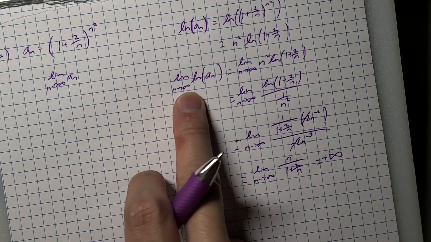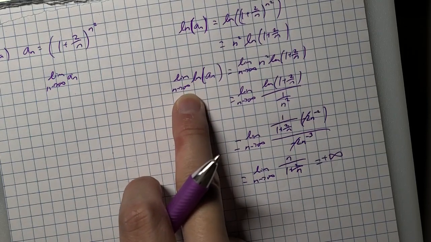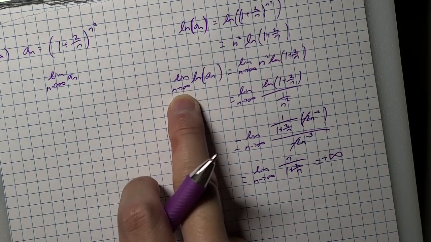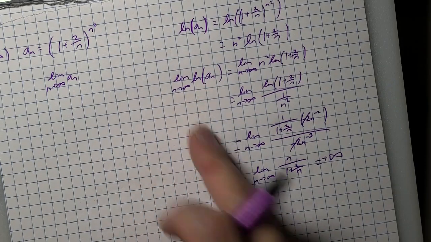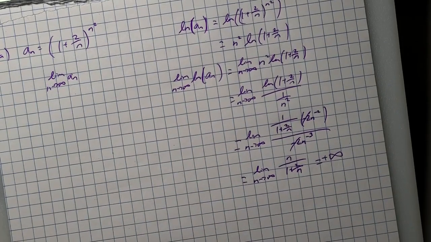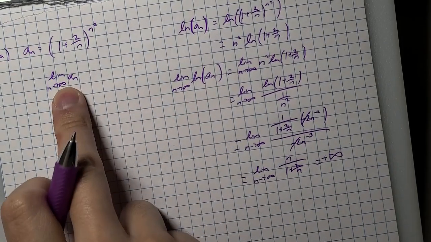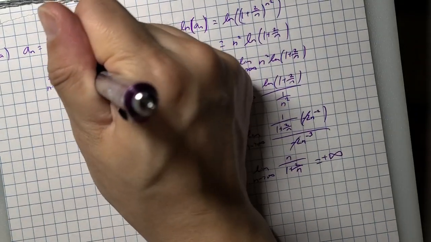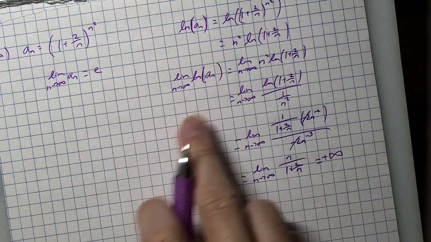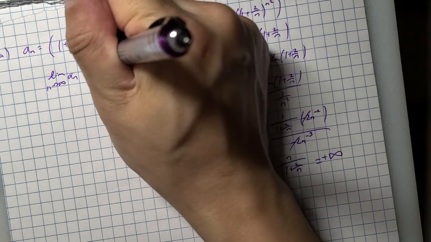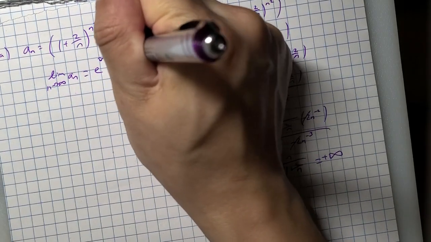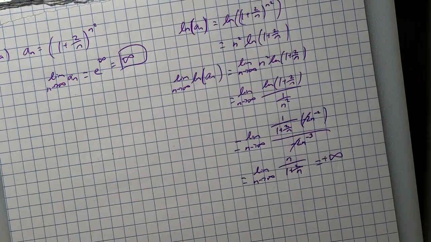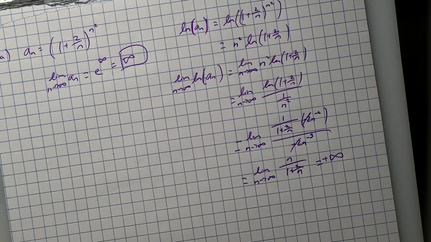We're not done yet because this was the limit as n goes to infinity of natural log of a sub n. Okay? So this guy is just e to the, we just exponentiate this answer. E to infinity, which is also infinity. So it diverges to infinity also. Okay? So that's how we solve this one.